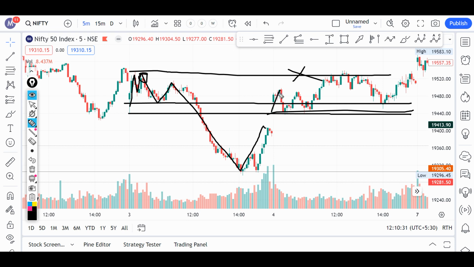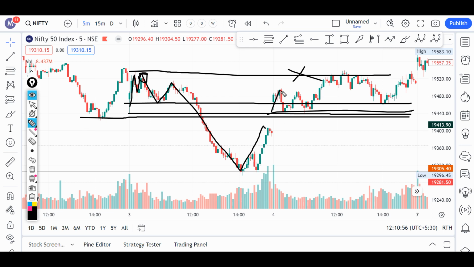Now what is happening? Market opened gap up, went a little up, then came down. Now what is important for me? This one had formed some kind of support around these places, right? Exactly yesterday it took the support here, then it went up, then it came down, broke this level, came down. Now the market has opened inside this range.